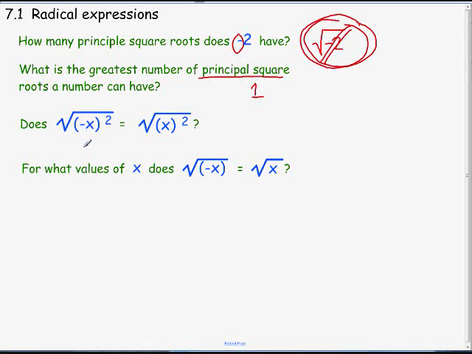Now, here's a conceptual question for us. If we square negative x and then take the square root of it, what have we got? When we square a negative x, we get x squared, don't we?